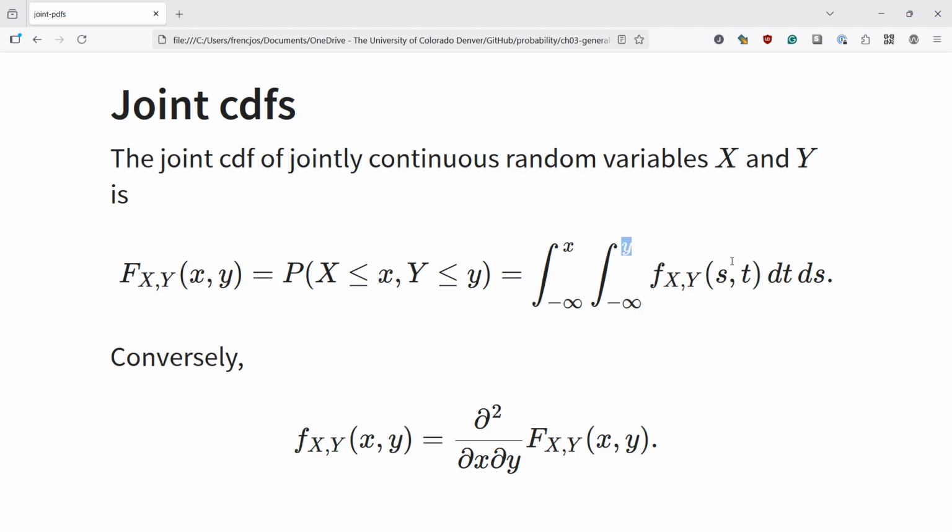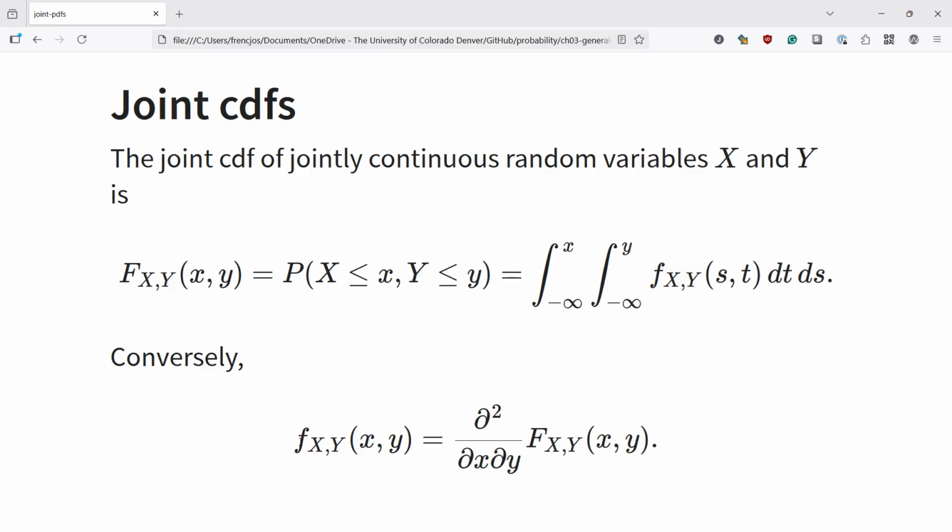So there can be some additional complexity that's subtle and hidden in this formula, but this is the general formula that we use to find the joint CDF. And if we have indicator variables in our joint PDF, then those might change how we evaluate the integrals, etc.